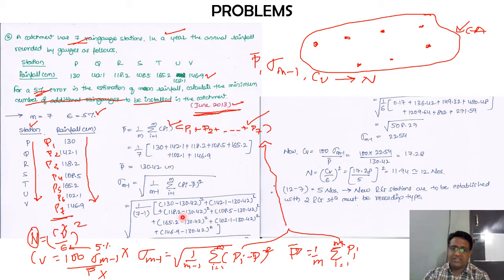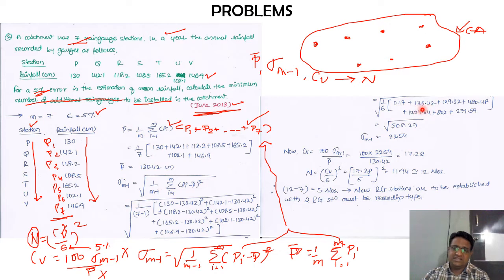So if you check out whether your pi is greater or p bar is greater in any of the cases, since we are squaring each of these terms, ultimately everything will become positive, even if it is negative. Right now if you check out 130 minus 130.42, it is actually minus 0.42 will be your answer. Minus 0.42, the whole squared basically is going to be 0.17. So that is a positive number that you are going to get over here.